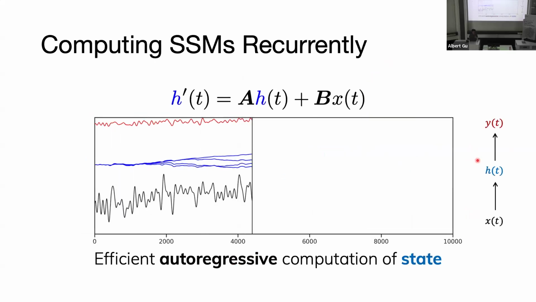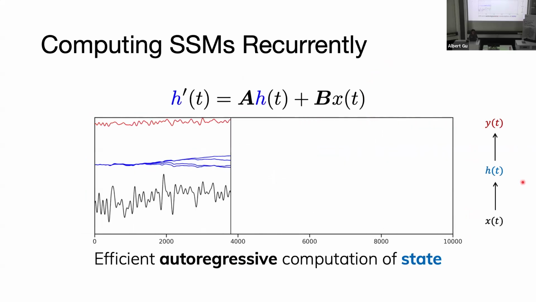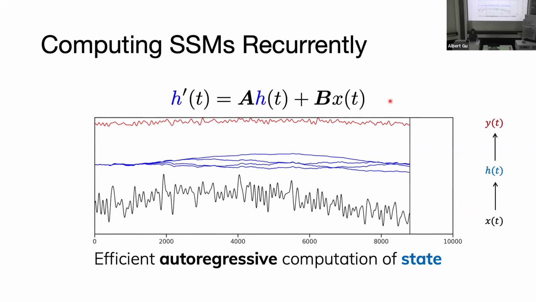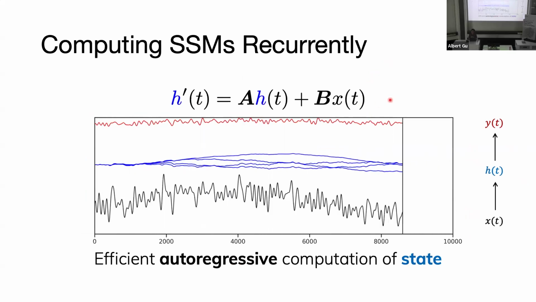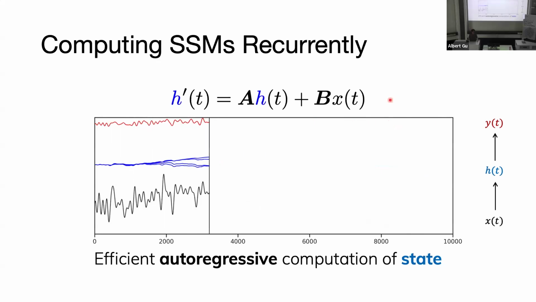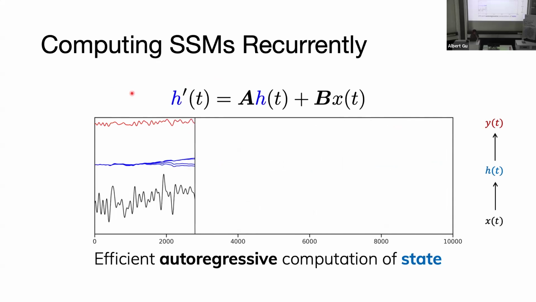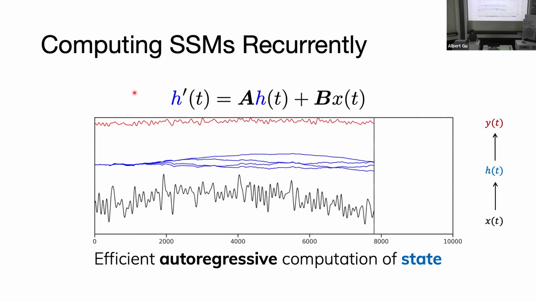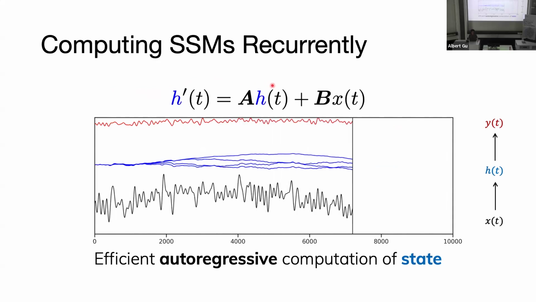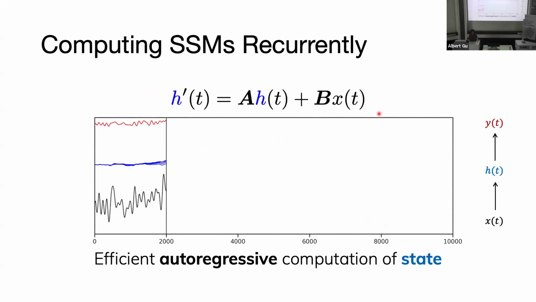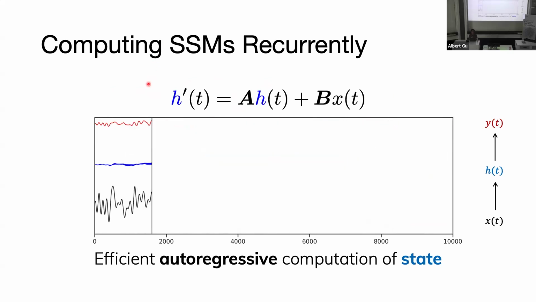The first way to compute them is the naive way, where we just unroll the model one time step at a time. We had these two equations of the SSM, and the first equation is the one that controls how it evolves across the sequence dimension. This equation was defined using a differential equation, but through a process called discretization, we can turn it into a very simple linear recurrence.